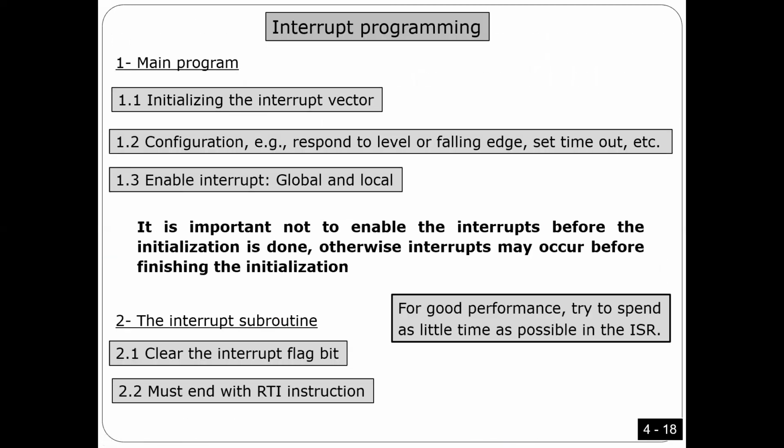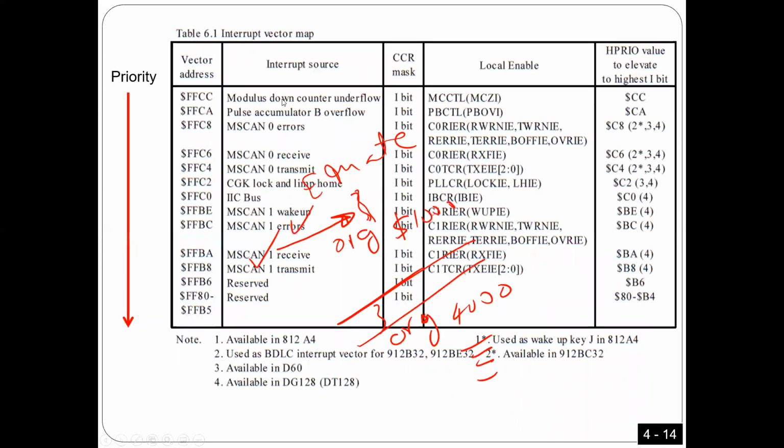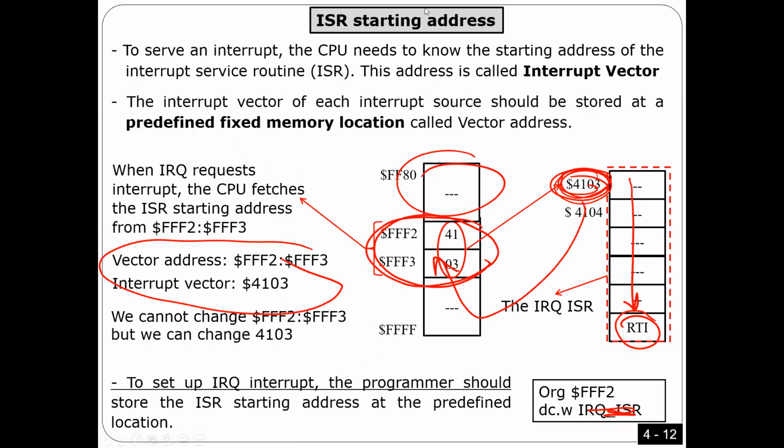Okay. So in this slide, I just summarize what you have to do in programming, right? Based on what I did before. Number one, in the main program, you need to initialize the interrupt vector. This is what you have to do, right? So for example, if I go back here, this is the ORG, this one. You have to tell the CPU what is the beginning address of your interrupt subroutine, okay?